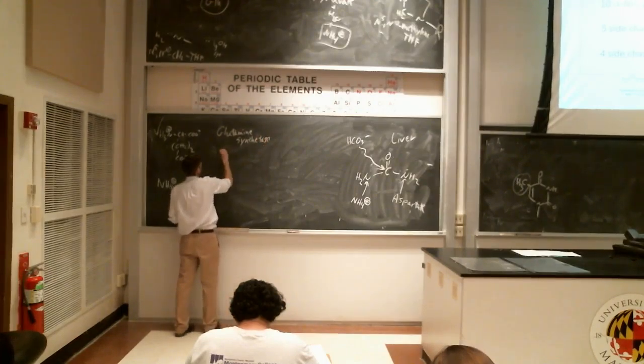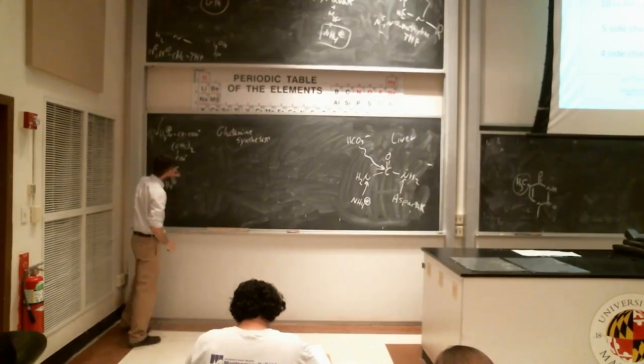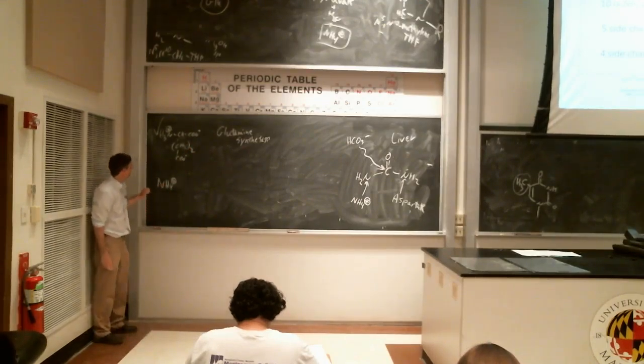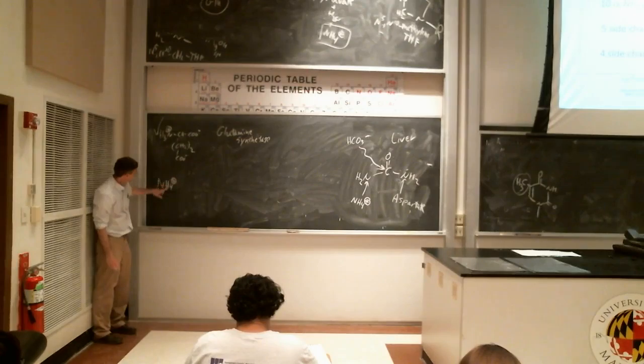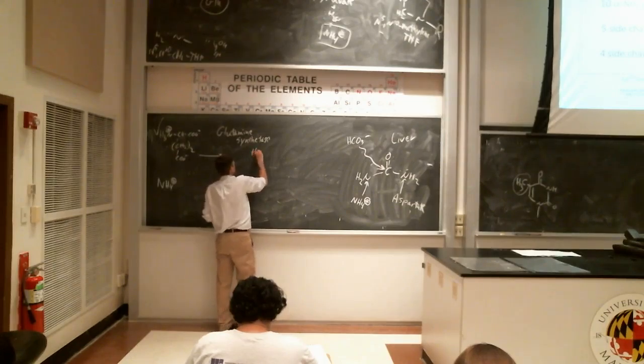So glutamine synthetase is going to take this glutamic acid, which I've already drawn very conveniently, and it's going to attach the ammonium ion to that carboxylate group, and it's going to make glutamine.